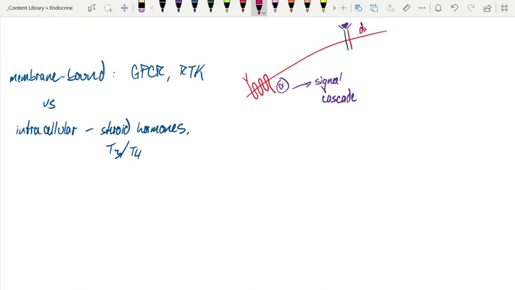We call it a dimer. And once this is in a dimer configuration, this leads to a signal cascade. But in both cases, the hormone binds to the receptor outside of the cell and triggers a signal cascade within the cell. This is in contrast to the intracellular receptors, where steroid hormones, of course these are cholesterol derivatives, so they look kind of like this, pass right through the cell.